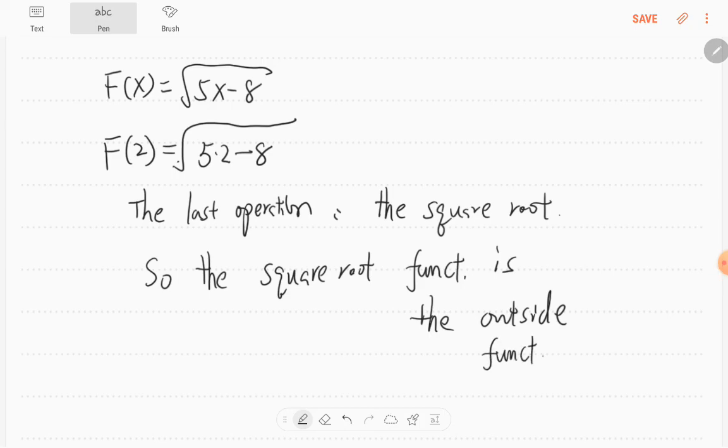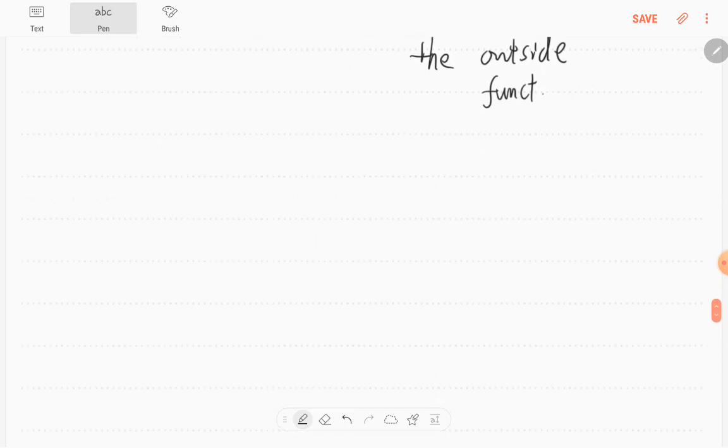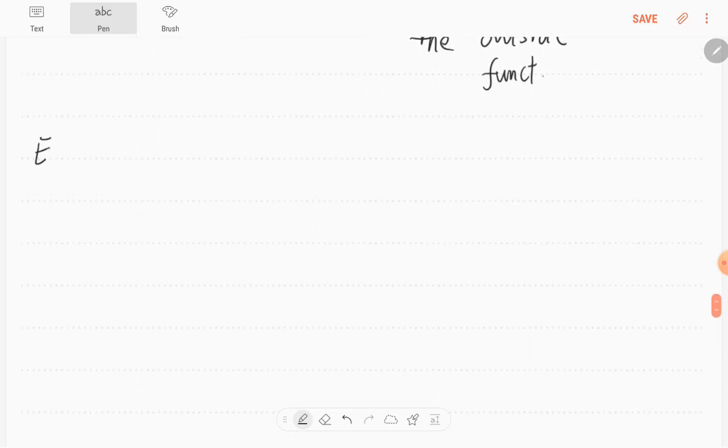In other words, the outside function is the last operation when you evaluate the composite function, and the rest is the inside function. Okay, we need to look at more examples.